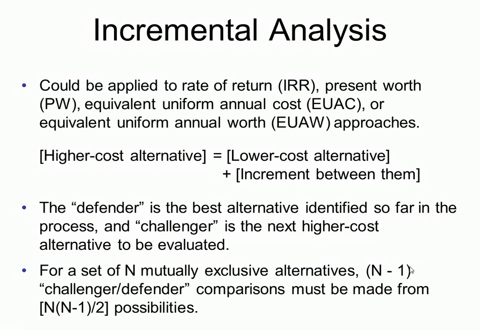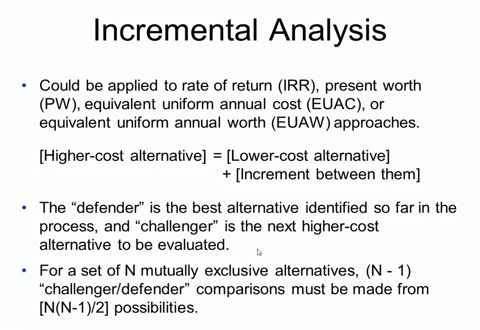So rather than doing a comparison of all possible challengers and defenders, we're only going to look at the next higher cost alternative, the closest higher cost alternative compared to the lower cost alternative. And we will start with the lowest possible cost alternative, which is often represented by the option of doing nothing.